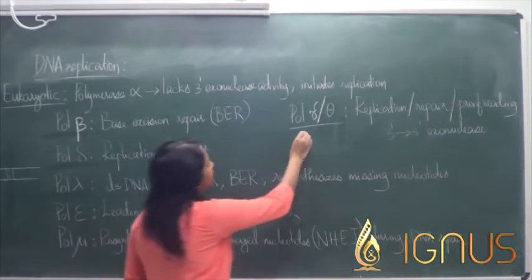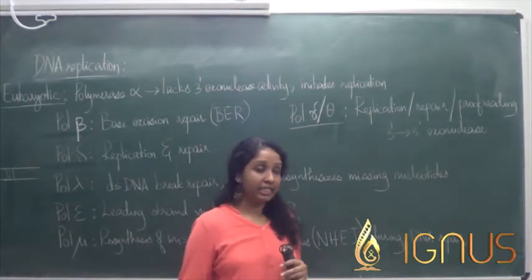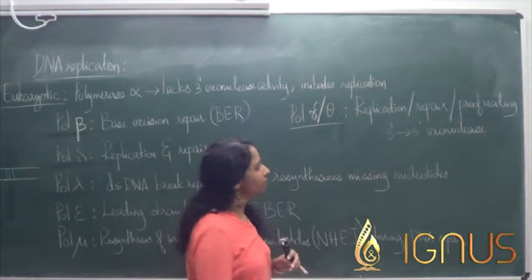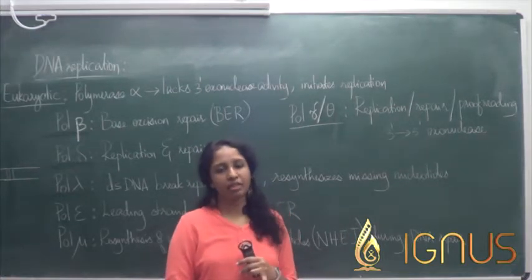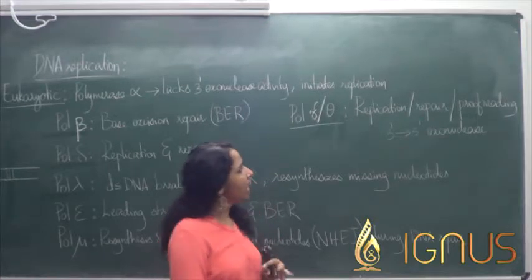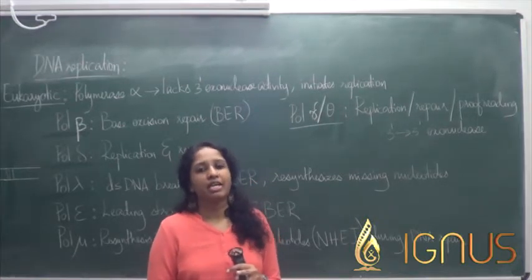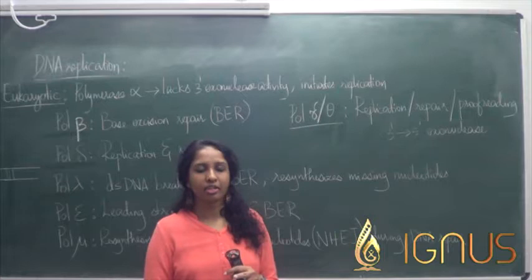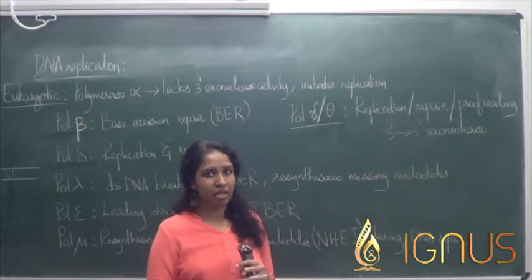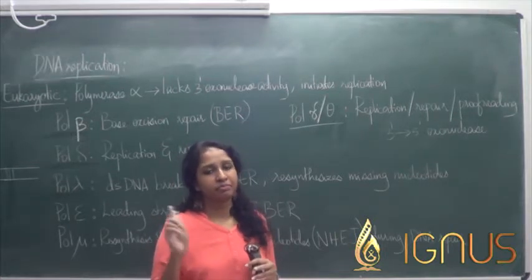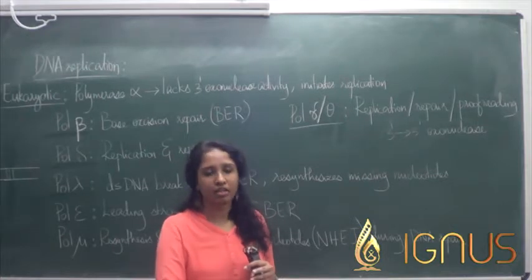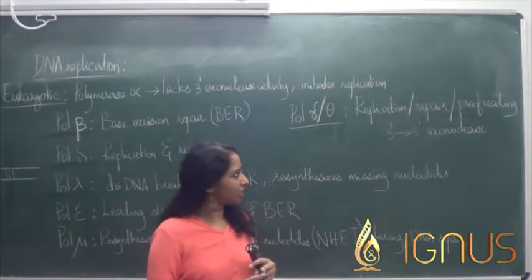Next we have polymerase gamma and polymerase theta. Both of them can do replication, meaning that they have polymerase activity. They can repair if there is any damage occurring in the newly synthesized strand, or if damage has already occurred in the template strand, they can repair that.